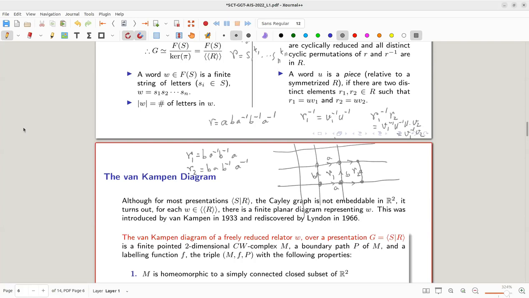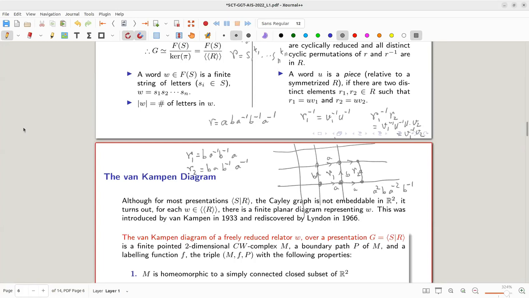Right. Now you see that if I take a product of this form, then this B gets cancelled, right? And what we are left with is this word, A squared B A to the minus 2 B to the minus 1, right?